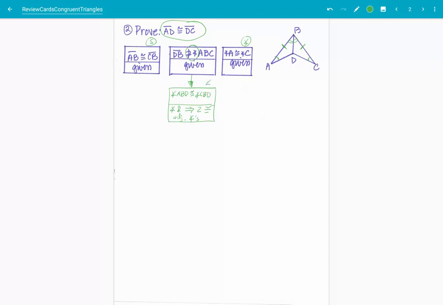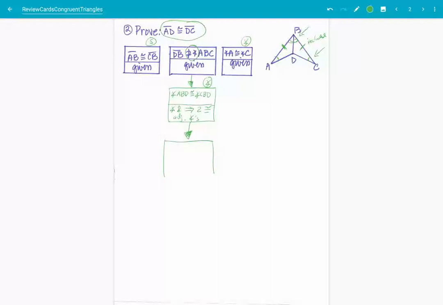And now that's another pair of angles. So now I've got angle, side, angle. And this side is the included side because it's between this angle and this angle. So I will use angle, side, angle.